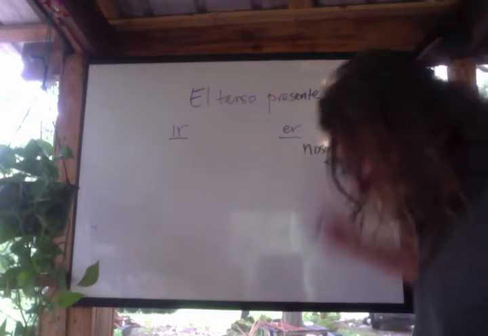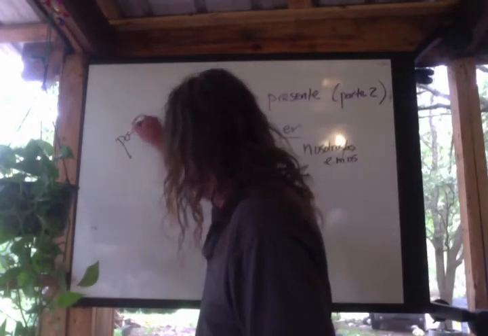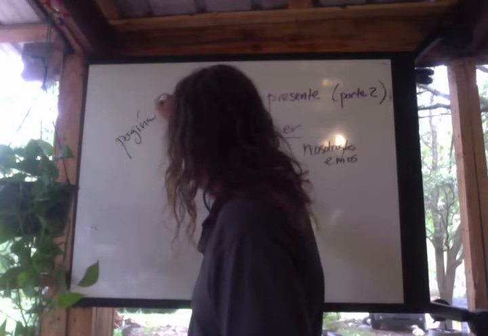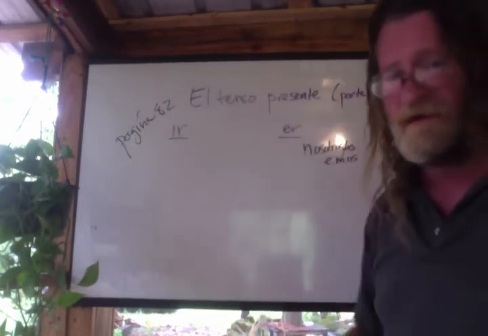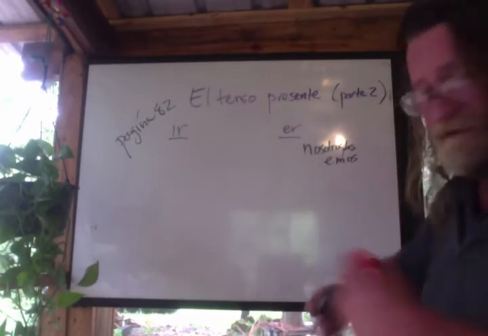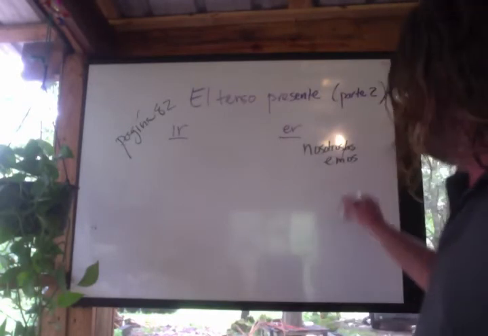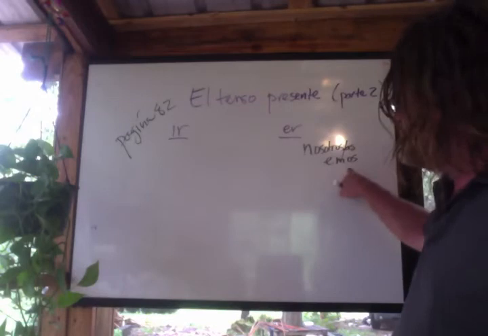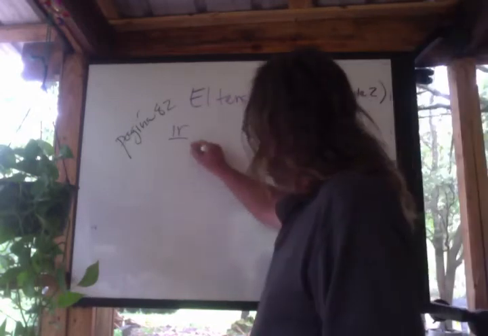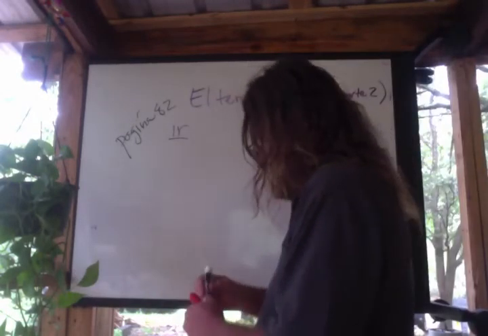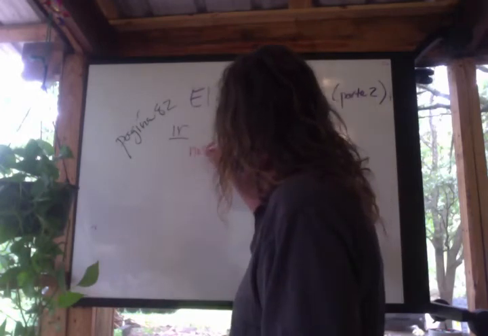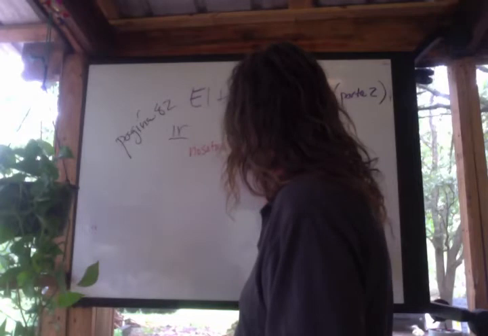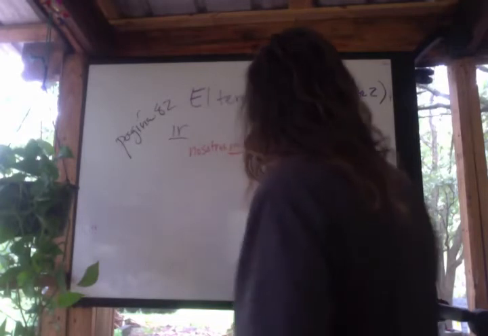And so look on page 82, for these verbs right here that you've already learned vocabulary-wise. Now it's time to make them move for you. All right? But the ER and the IR in the we form is emos.